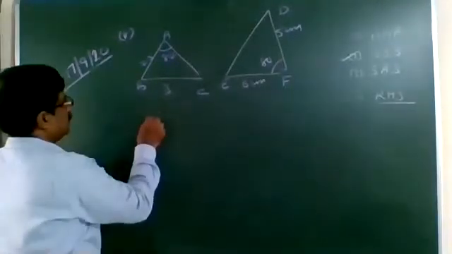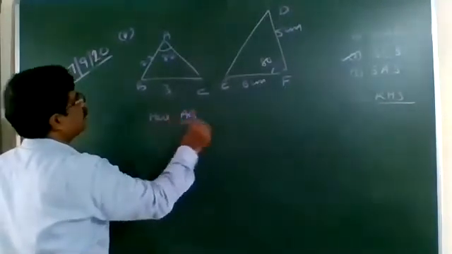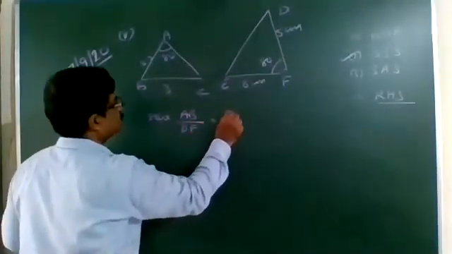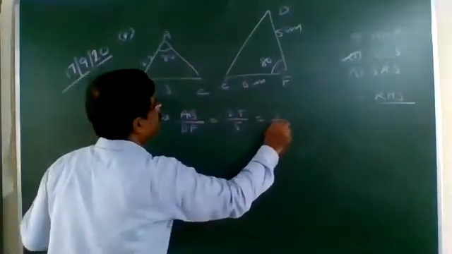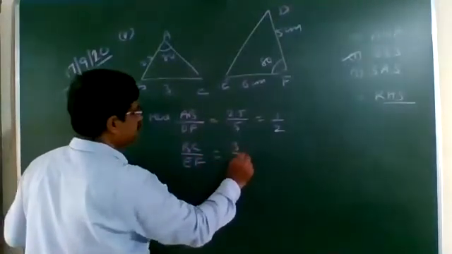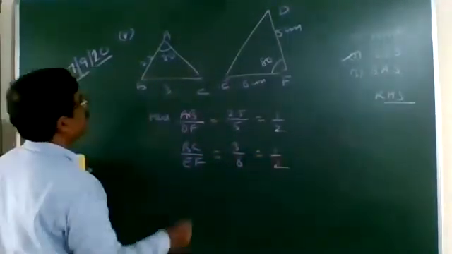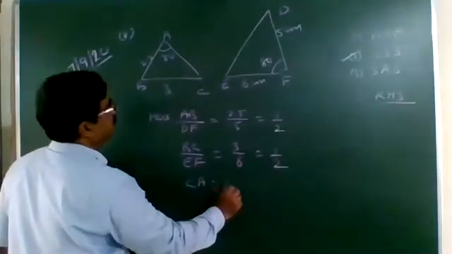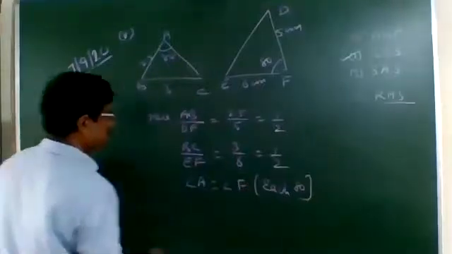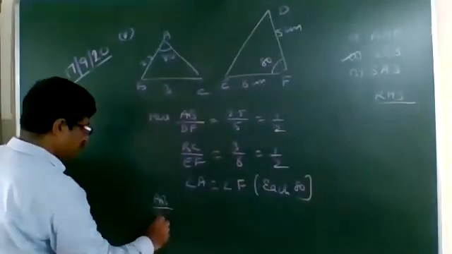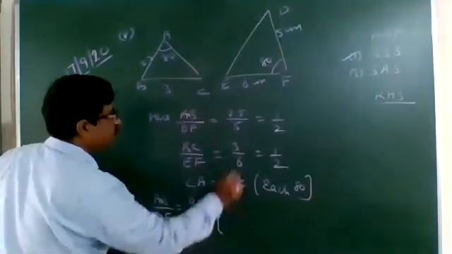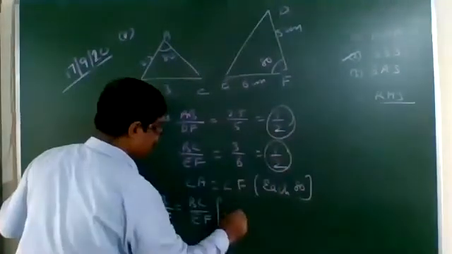Here AB upon DF is 2.5 upon 5, that is 1 by 2. BC upon EF is 3 upon 6, that is also 1 by 2. Angle A equal to angle F, each 80 degree, sorry. Two of the sides, AB upon DF equal to BC upon EF, both of them are equal to 1 by 2.